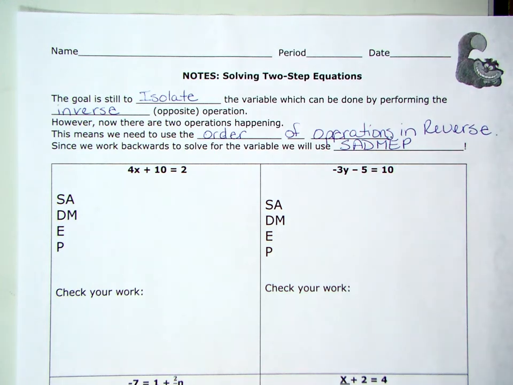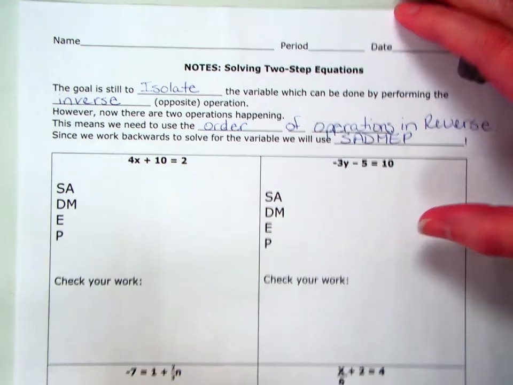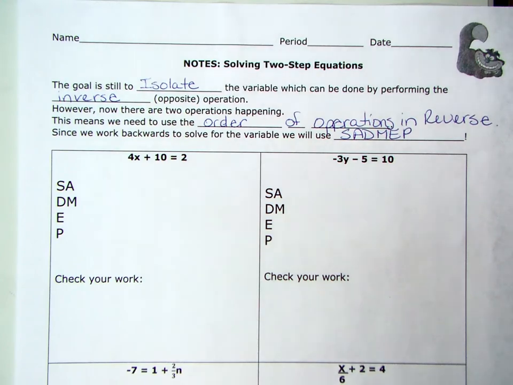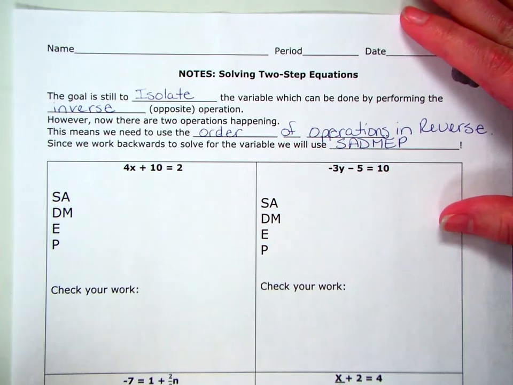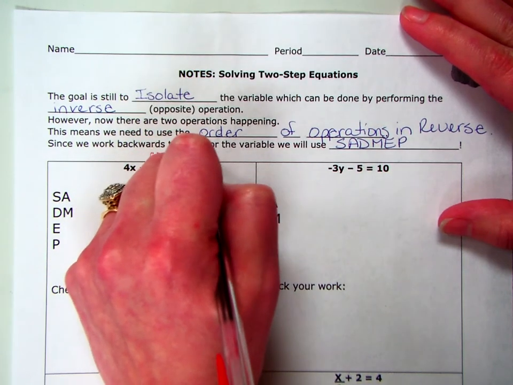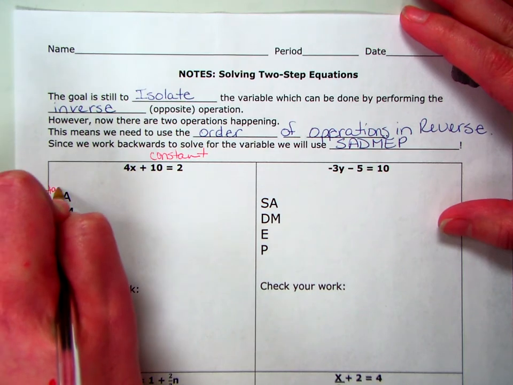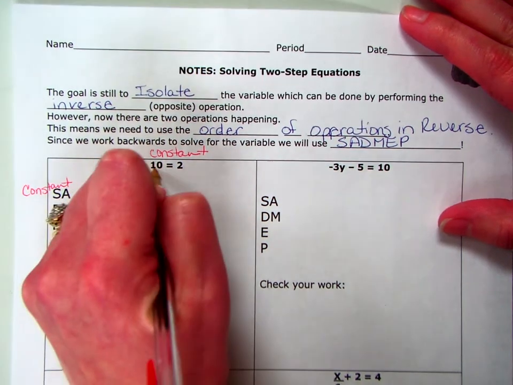So first thing I want to look for is the addition and subtraction, which, if you remember correctly, is asking you to find your constant. So this is your constant that we're looking for here. And the constant is 10.